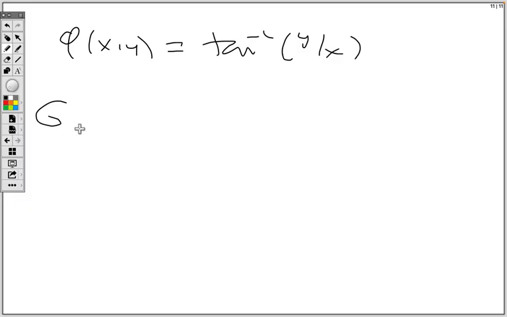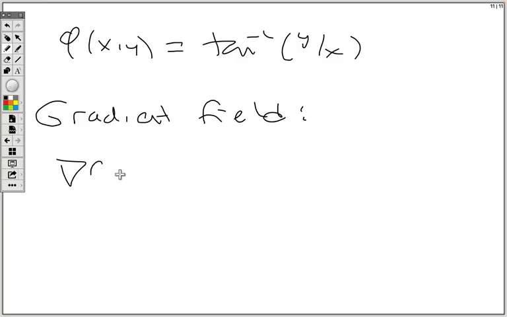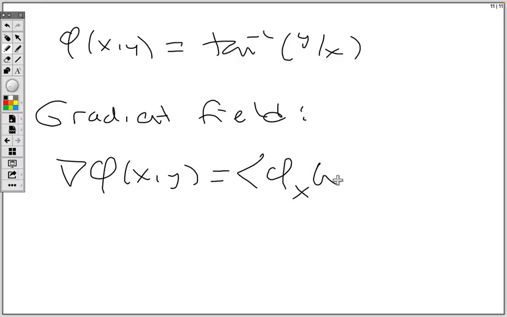If they want the gradient field, they just mean to take the gradient. The gradient is a vector field. It takes a point and matches it up with a vector. So how do you get the gradient? You take the partial derivative of phi in the x direction, and that's your x component. You take the partial derivative in the y direction, and that's your y component.